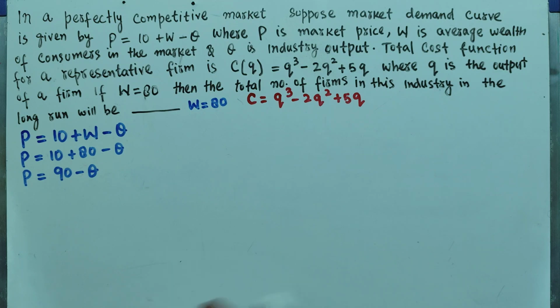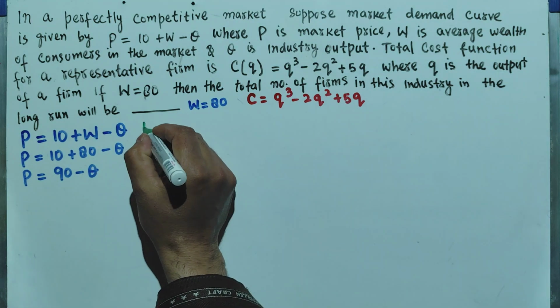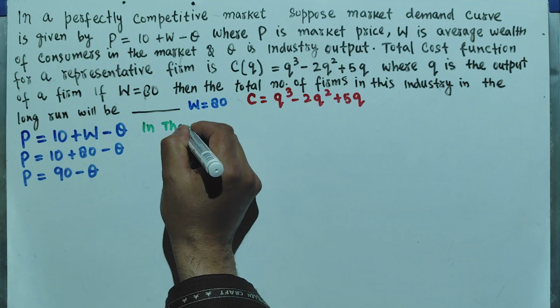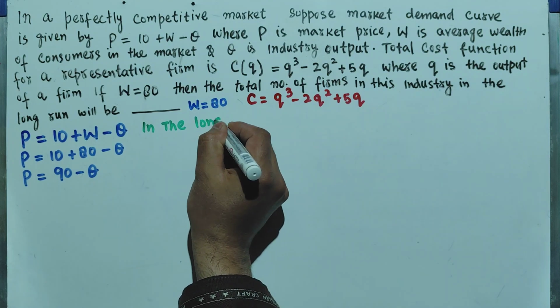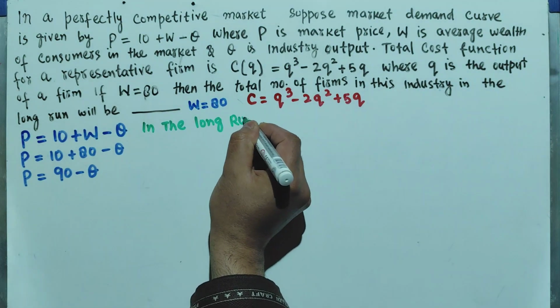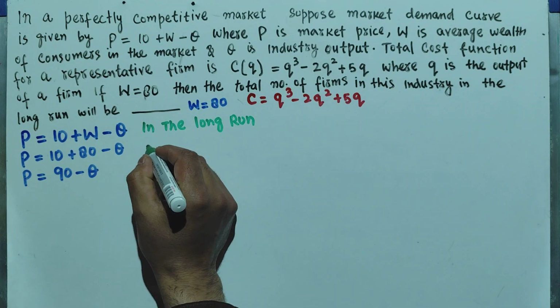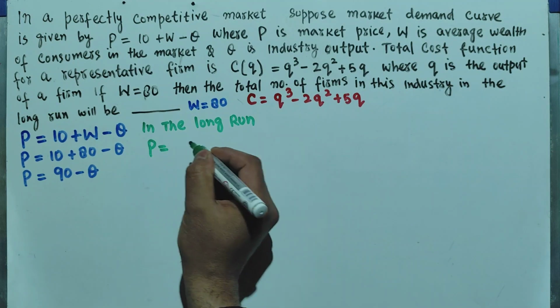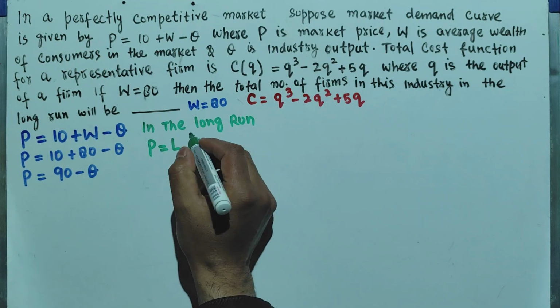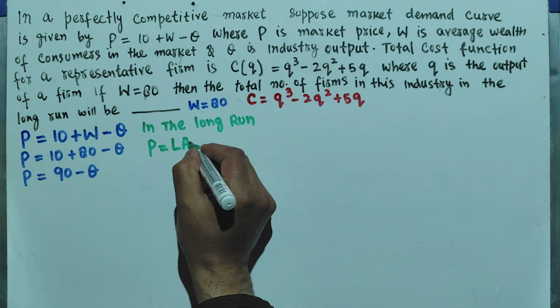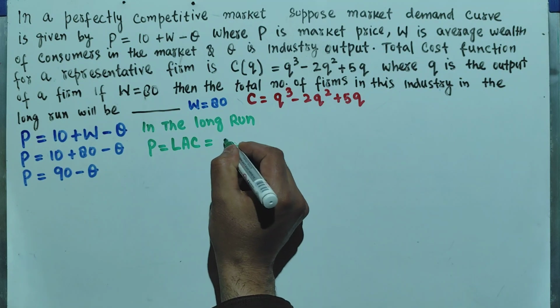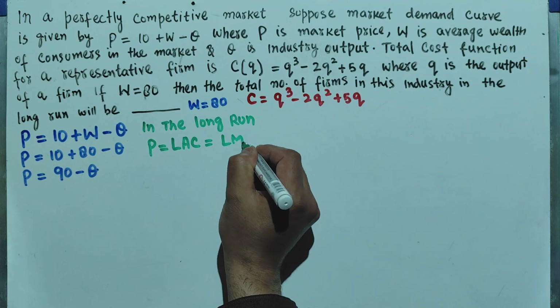In the long run, price is actually equal to the long run average cost, which is equal to the long run marginal cost.